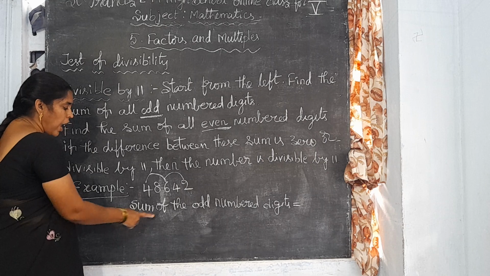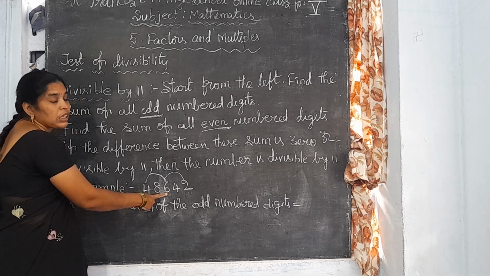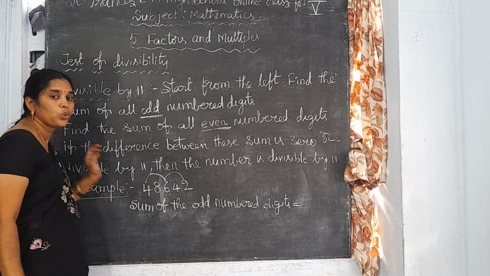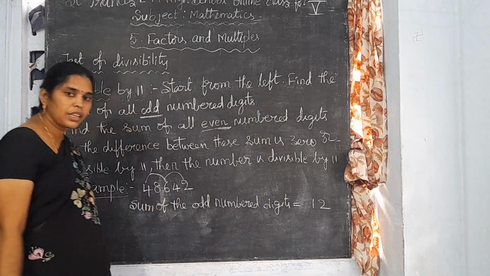Sum means you have to do addition: 4 plus 6 is 10, 10 plus 2 is 12. Is it clear, children?